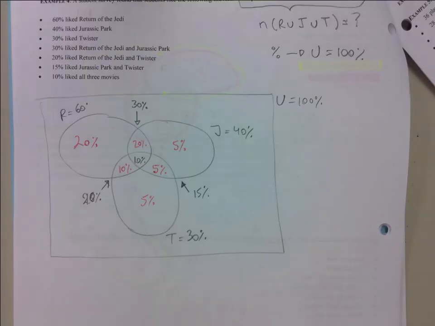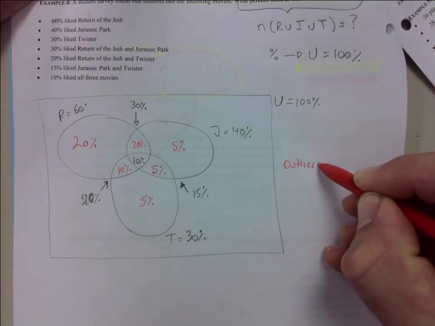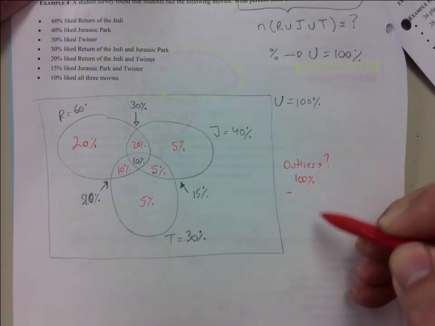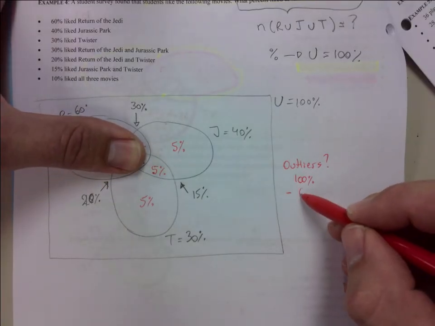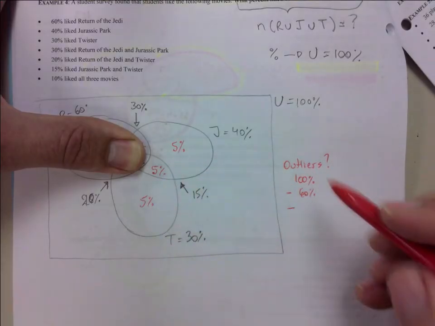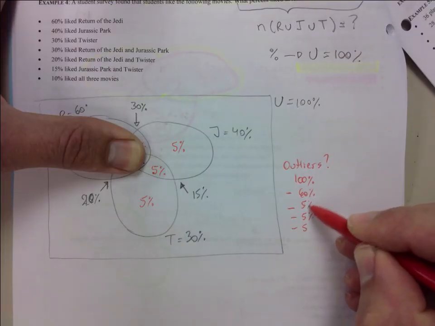And just when you think you're done, you got to check for outliers. So I'm going to do that outside here. Outliers. I'm going to take my 100%. I'm going to start subtracting. I'm going to start with this one. I'm going to take away 60. I'm going to take away 5, 5, and 5. Why not just 15, right? I know.